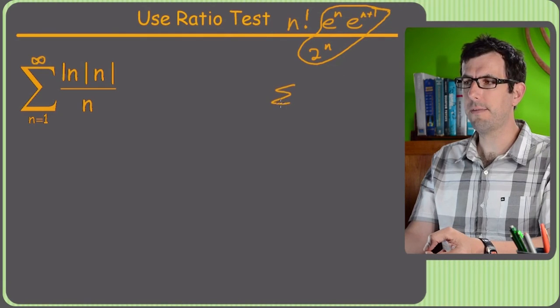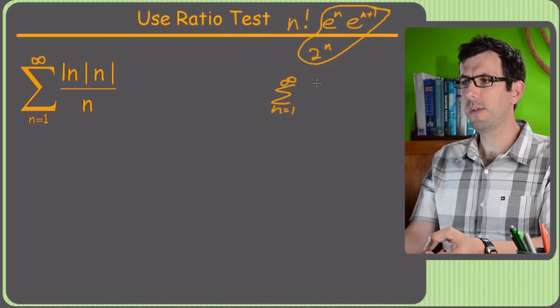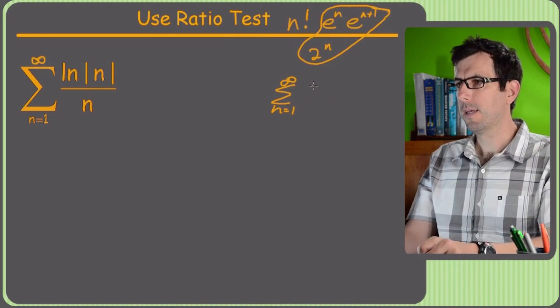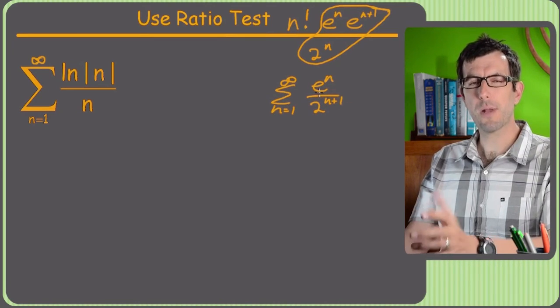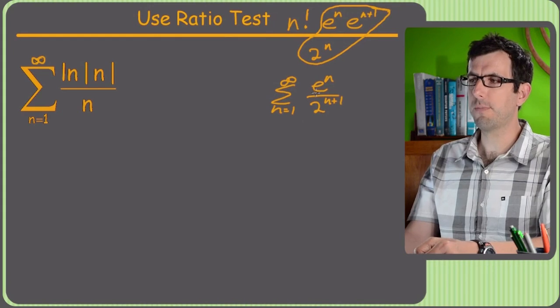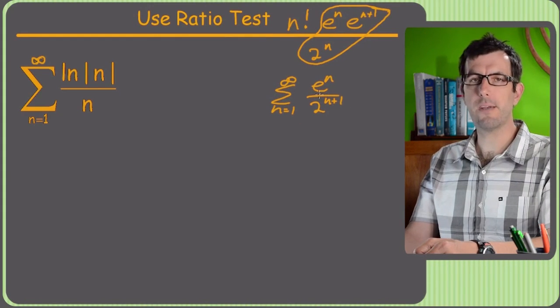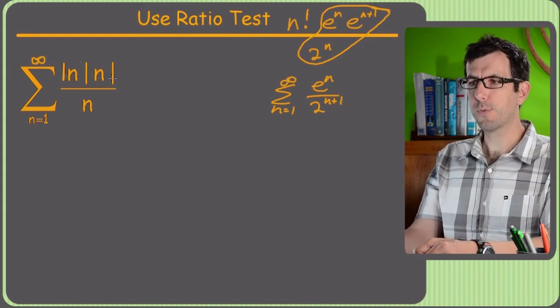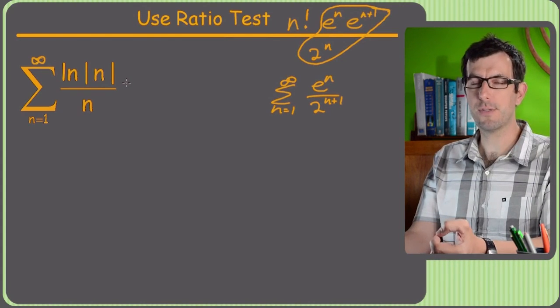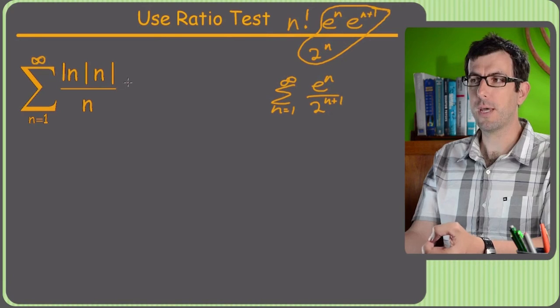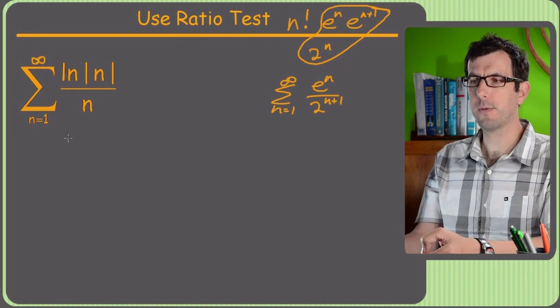Like, let's say we had the sum from n equals 1 to infinity of n factorial, like e to the n over 2 to the n plus 1 or something, where it's not super obvious that you can convert it to a straight up geometric series. So this would be a good candidate for the ratio test. This one, however, does not have any of those telling signs that it should be used. I shouldn't use a ratio test, but let's try it anyway and see what happens.